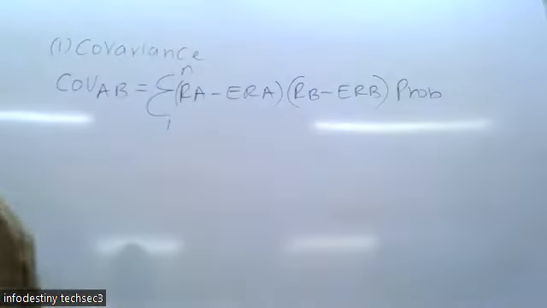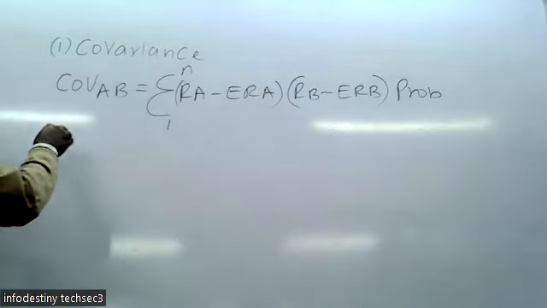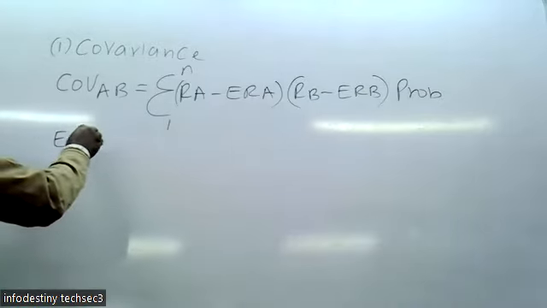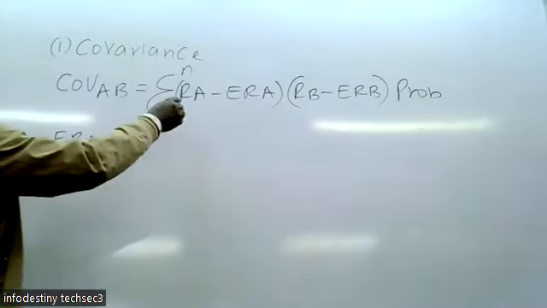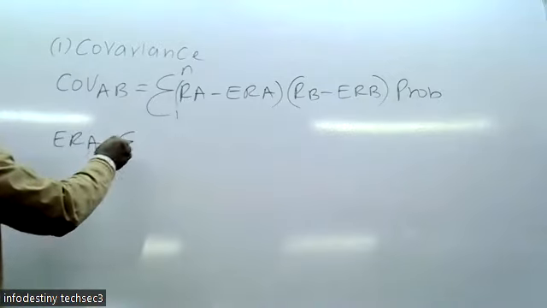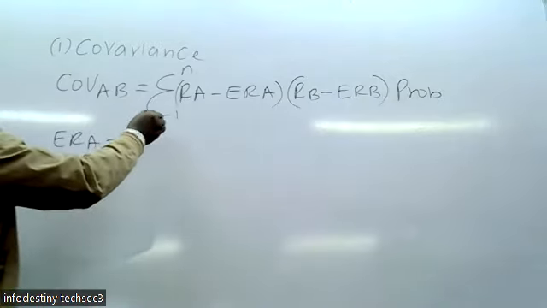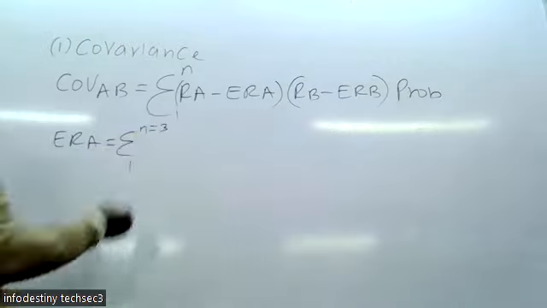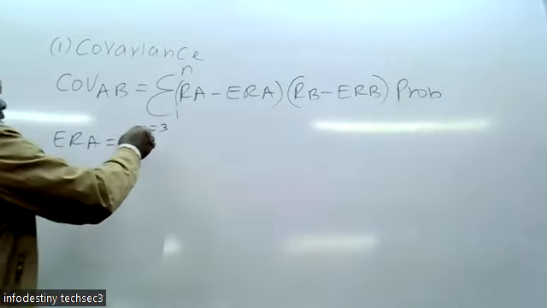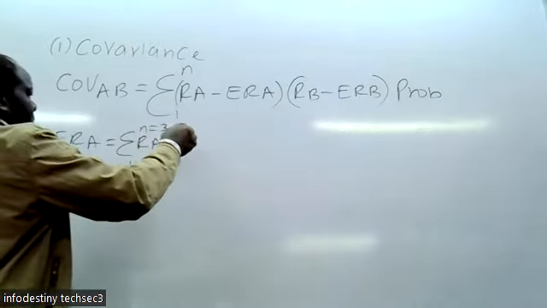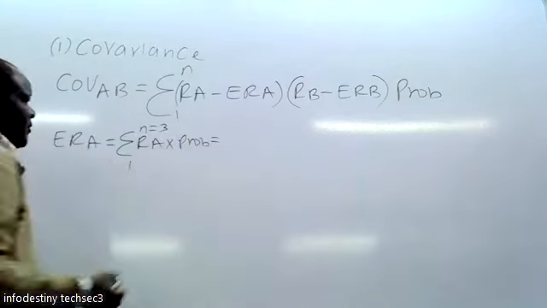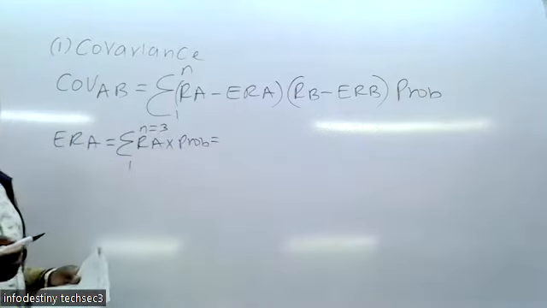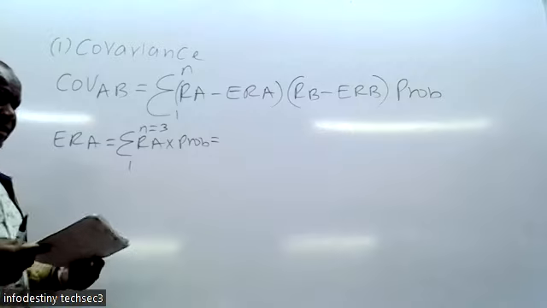So to get the expected return for A, remember, you just take the summation from the first to the last. Here there are 3 observations. Take the return for A multiplied by the probability of it occurring. They gave us percentage returns.